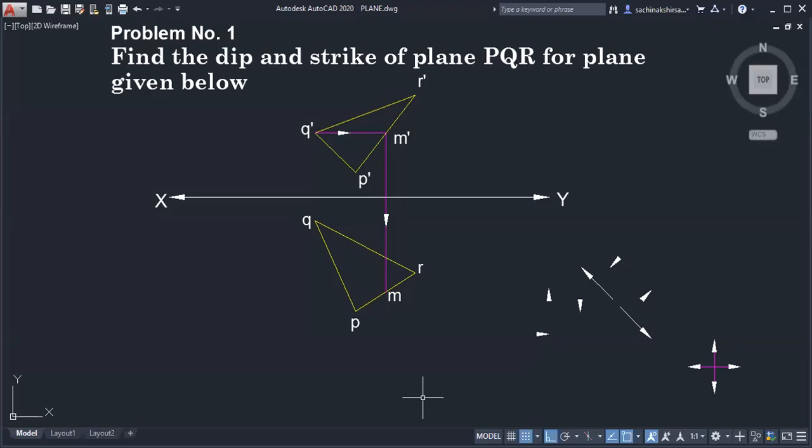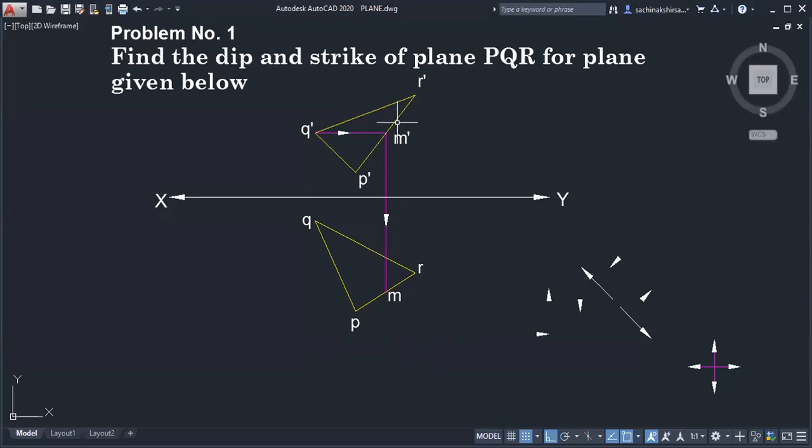The located point M dash is on P dash R dash in front view.